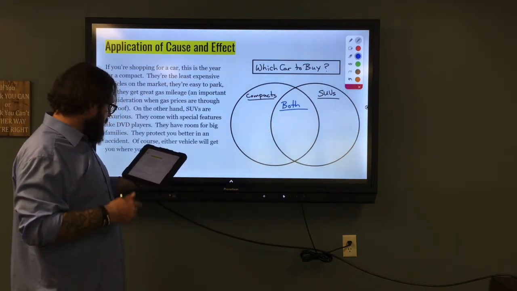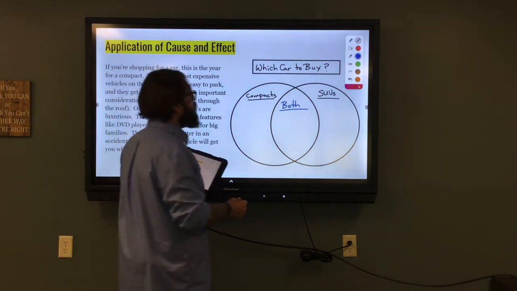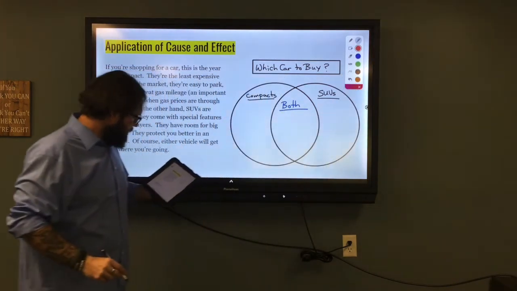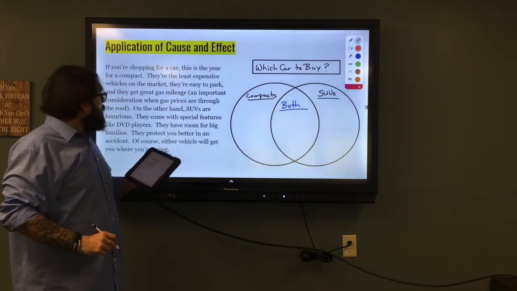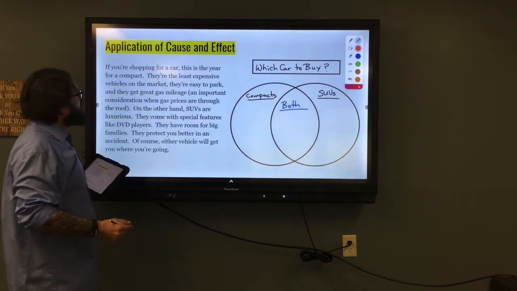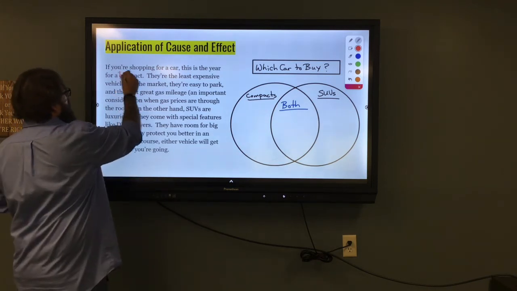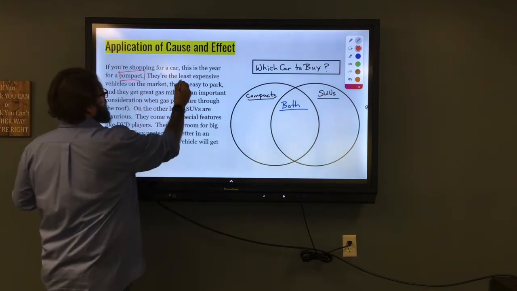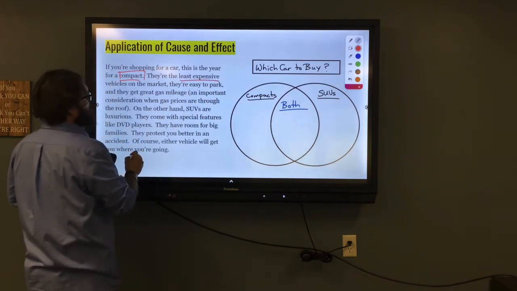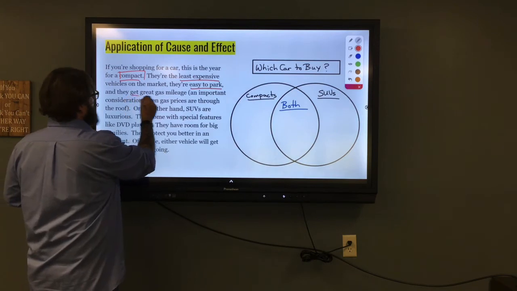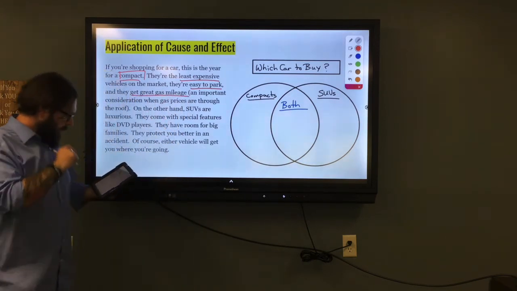So what are some things that we see in regards to compacts? Well, if we look at the text, our compact says they're least expensive, easy to park, get great gas mileage.